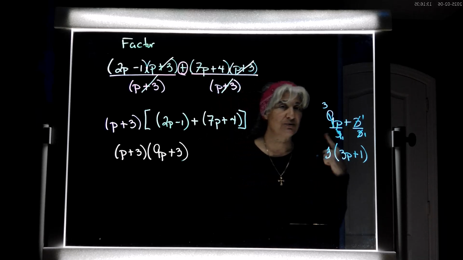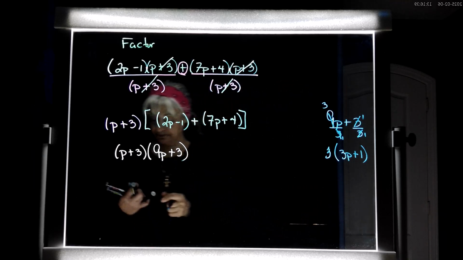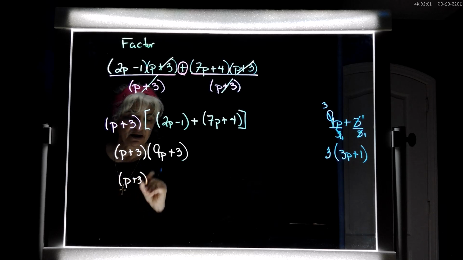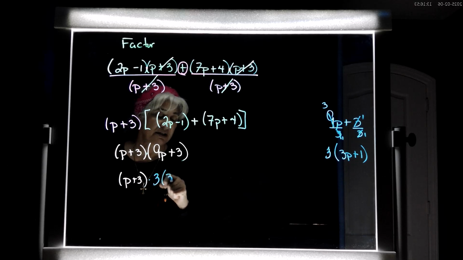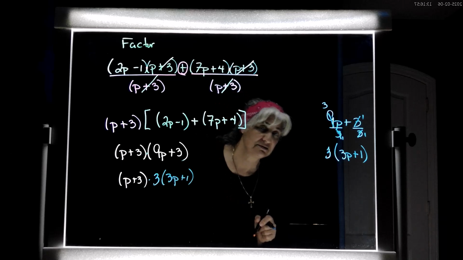So 3 divided by 3 is? So back over here, here's p plus 3, but now this second parenthesis, and remember that's multiplication, now this second parenthesis can be rewritten as 3 times the parenthesis of 3p plus 1, right?